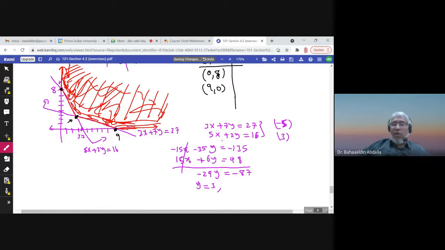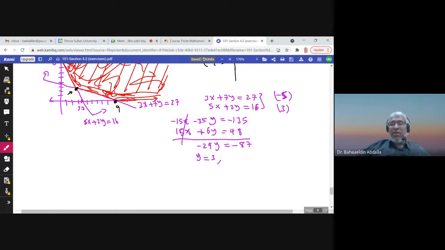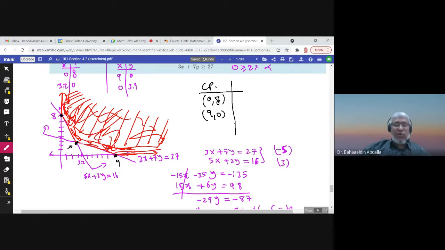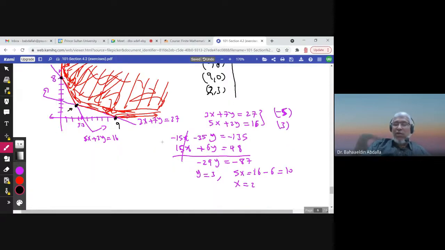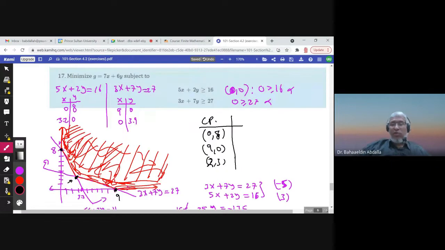And if I put y equals 3 in the second equation, for example, so 5x would be 16 minus 6, which is 10, and x would be 2. So the coordinates of this point is 2 and 3. So this is the third. Okay, this is the third corner point.